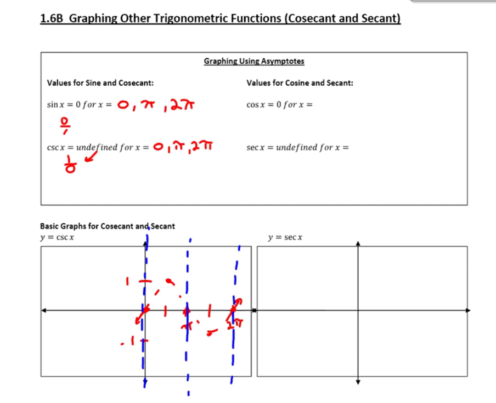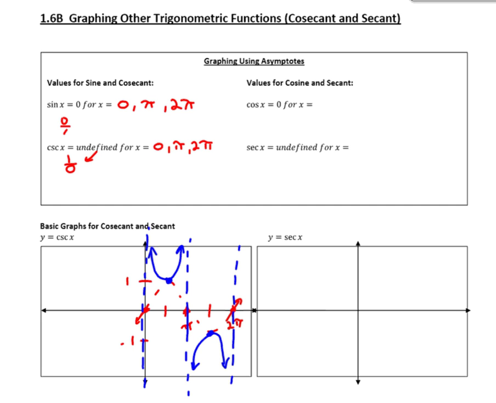It's not going to exist in those places. And so when I graph this cosecant graph, it's undefined at the zeros, and at the amplitudes, it's going to create this awesome little cosecant graph like this. Okay?